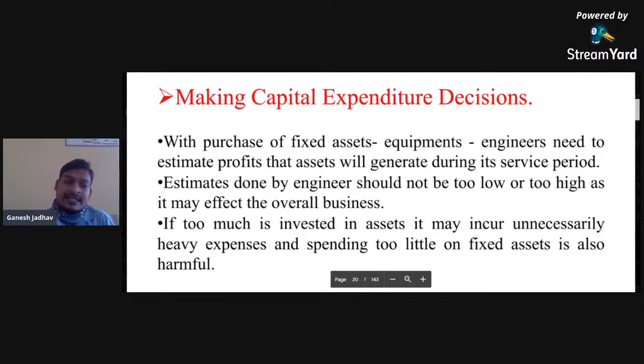If too much is invested in assets, it may incur unnecessarily heavy expenses, and spending too little on fixed assets is also harmful. So this is the expenditure decision.